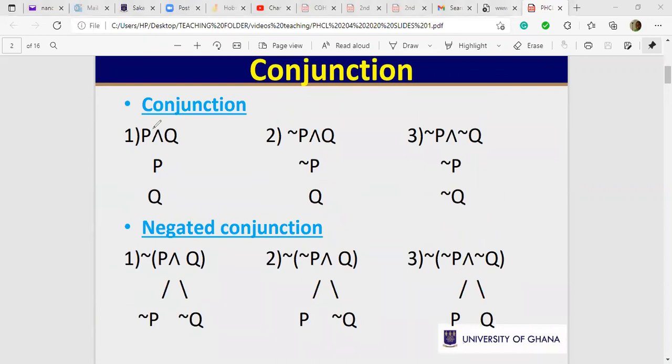There are several ways of symbolizing a conjunction, but we'll use this sign for uniformity. The dot is also symbolic of the conjunction. Turn to page 3. You will see that the conjunction is symbolized as a dot or a delta turned upside down, or the normal end that we know.